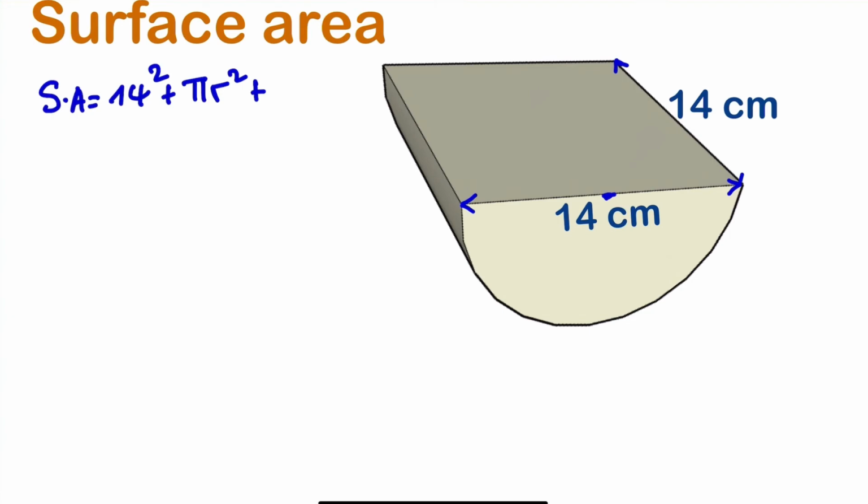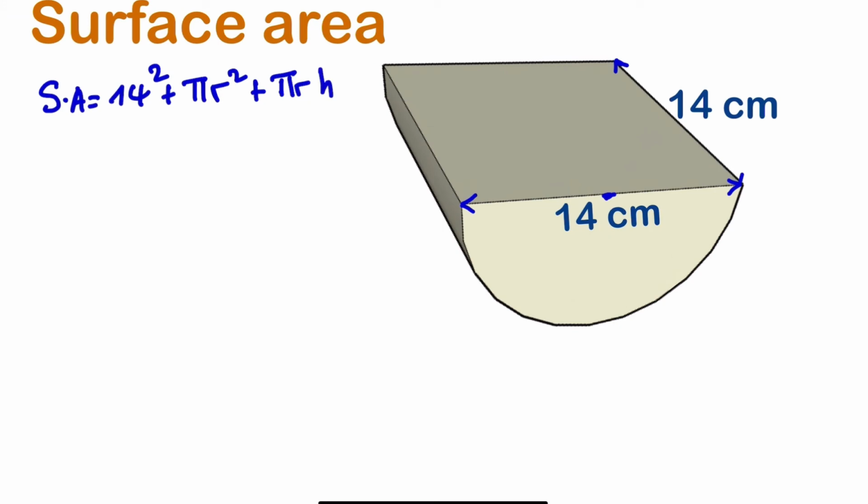lastly, we need the area of this curved surface. To get that, we need to know this distance, which is the circumference. The circumference of half a circle is pi r, then times the height h.